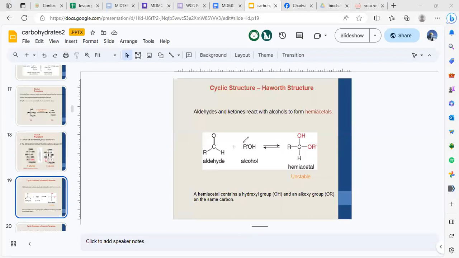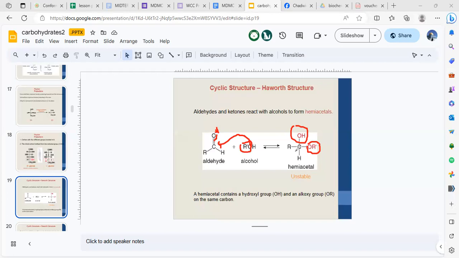The oxygen of the ROH will attach itself to the carbon, leading to the carbonyl oxygen losing one bond, and then eventually it will have a bond with the H. So you have the OH here on top, and the OR from the alcohol here. So this is a hemiacetal.